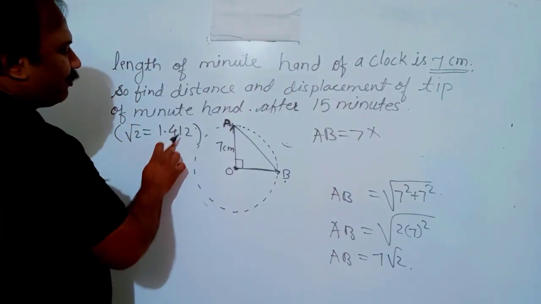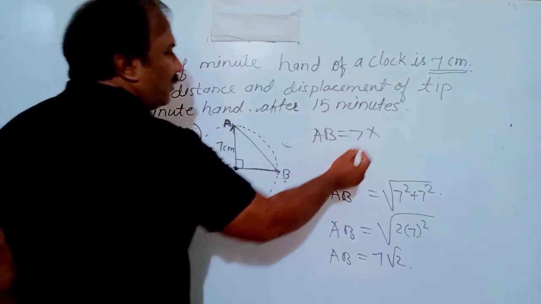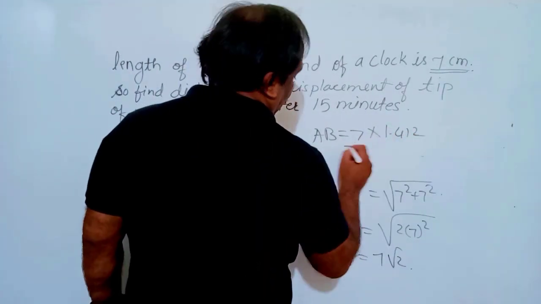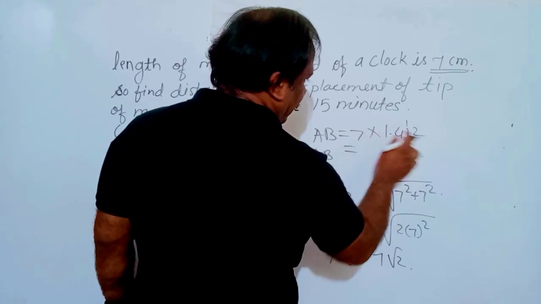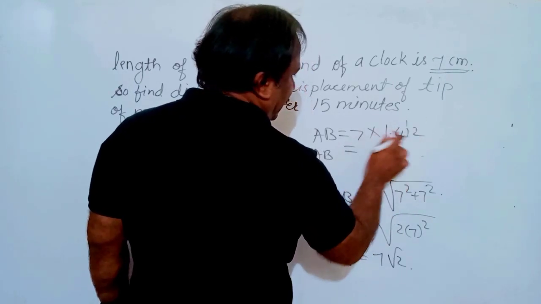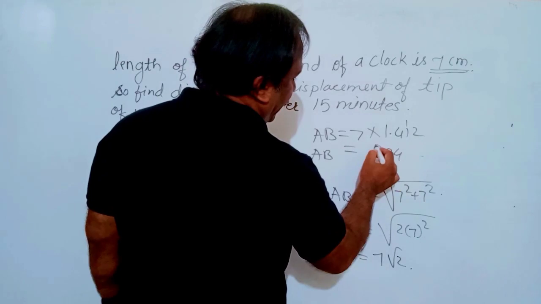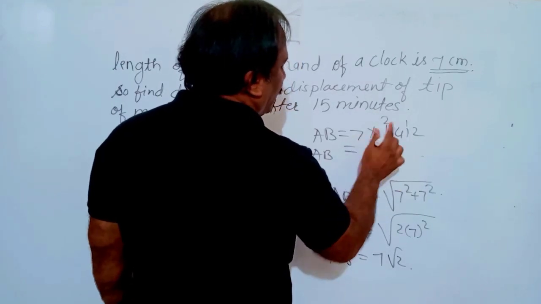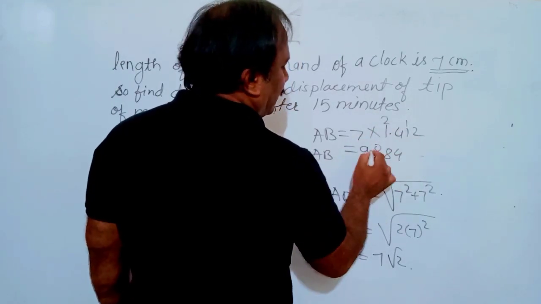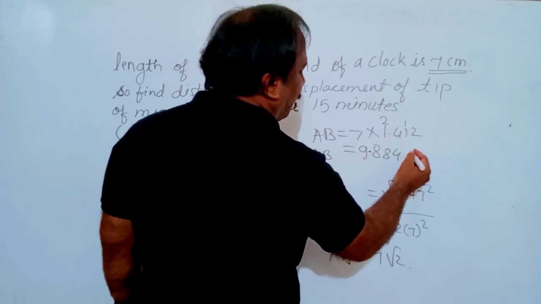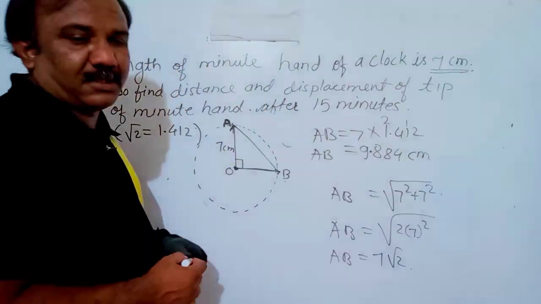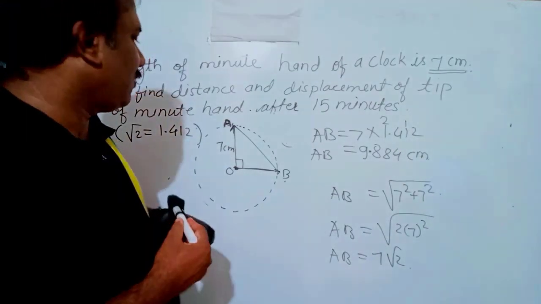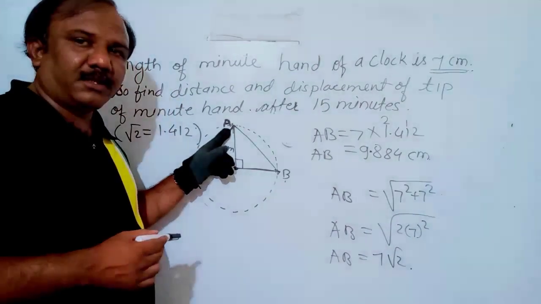It is given 1.414. So what is AB? 7 4s are 28, carry 2, 9. So AB is equal to 9.88 centimeter. So this is the displacement of the tip of the minute hand.